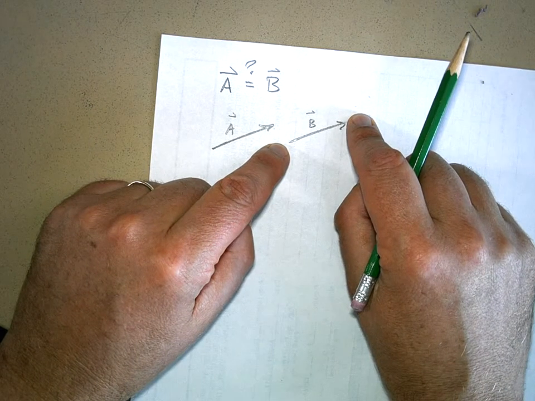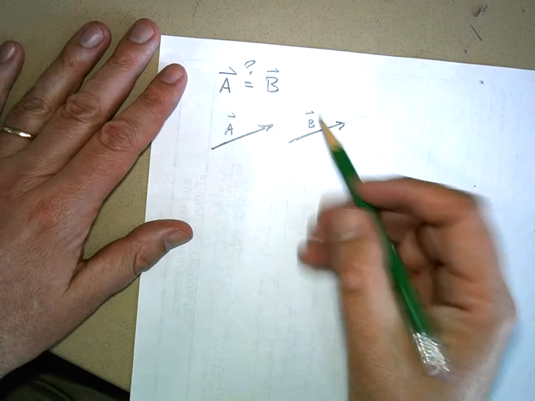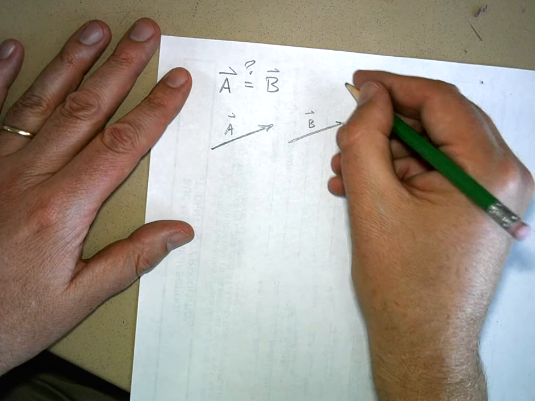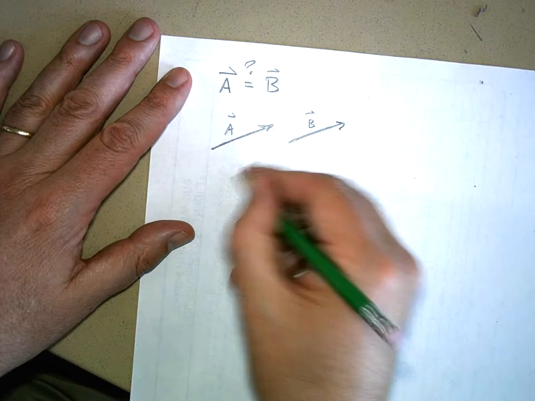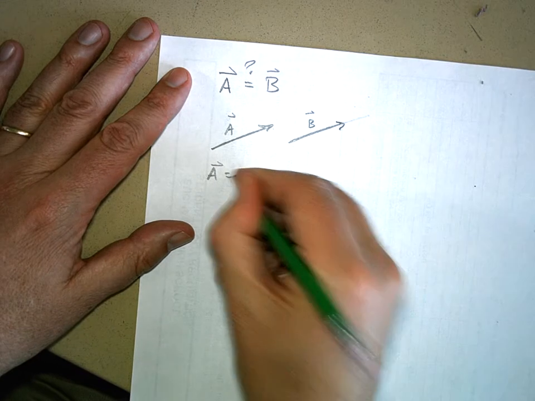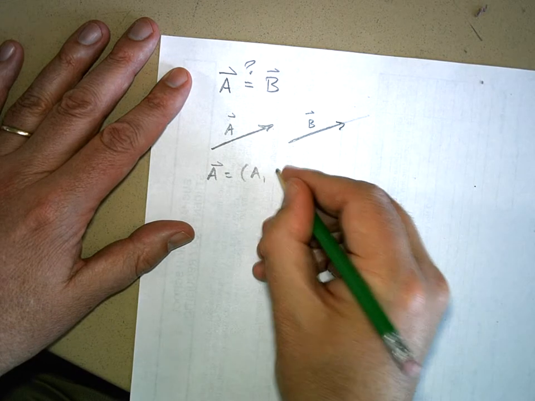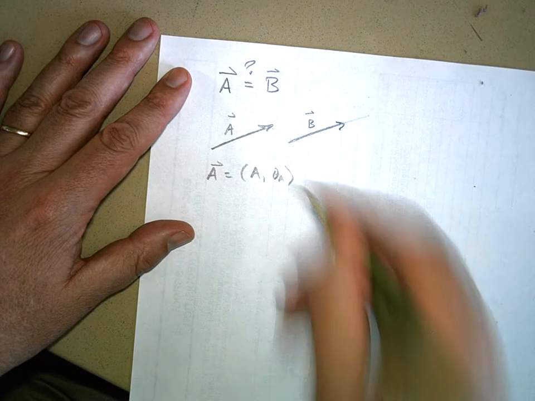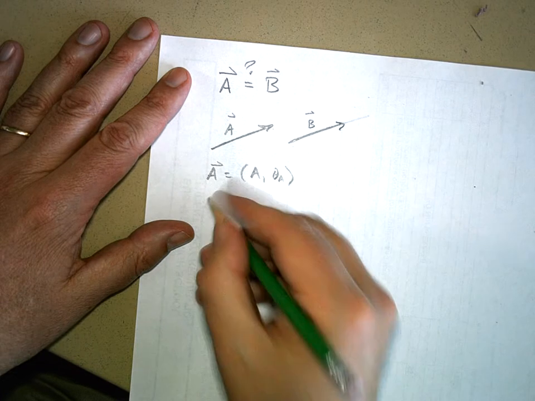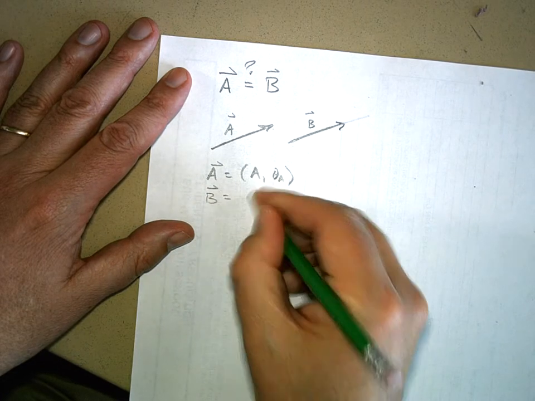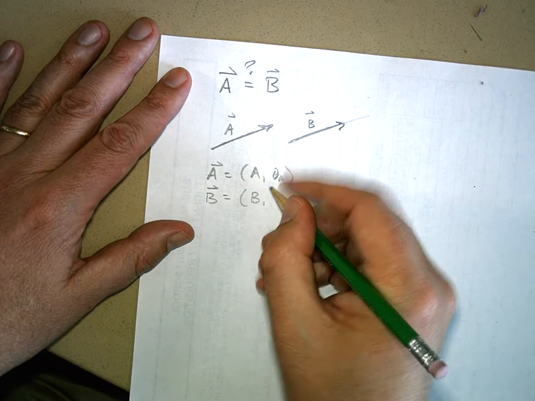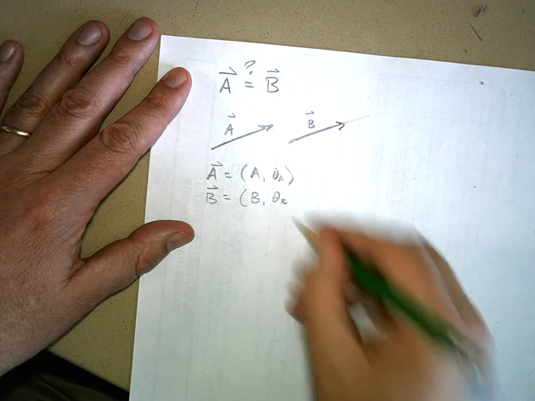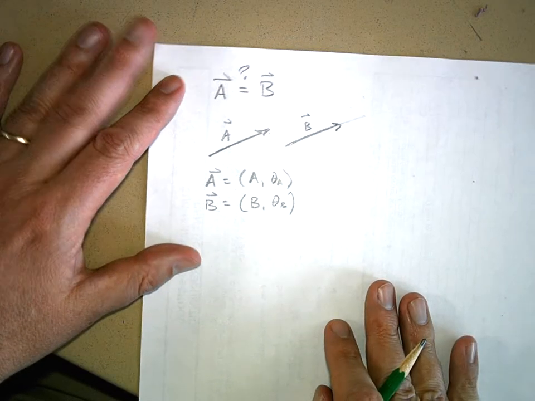So, okay, let's do it this way. Let's say A has a magnitude of A and a direction of, I'll call it theta sub A. And B has a magnitude of B and a theta sub B. Now, look.